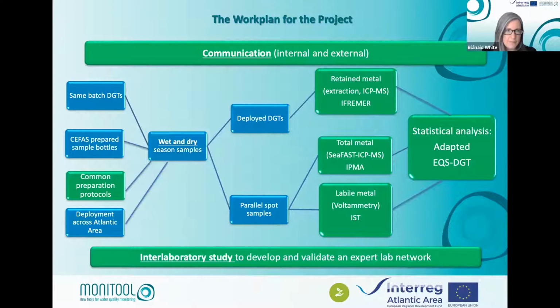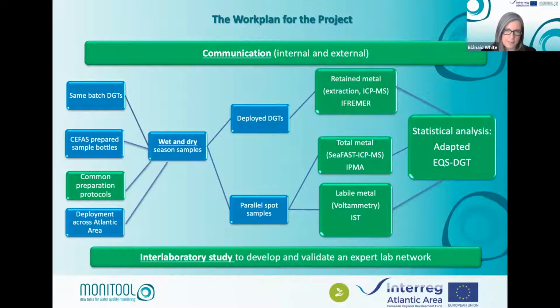But essentially, across all the partners, we carried out two sampling campaigns, a wet season and a dry season. We have developed common preparation protocols that T is going to talk you through this morning. We used the same batch of DGTs, and then we deployed the DGTs and carried out spot samples.